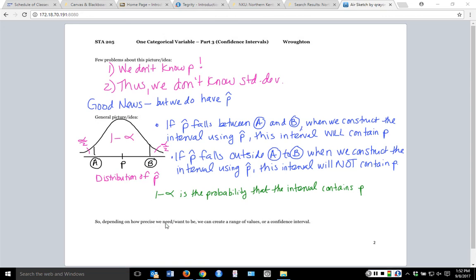Depending upon how precise we want to be, we can change these numbers. And once I create this interval, it's what's called a confidence interval.